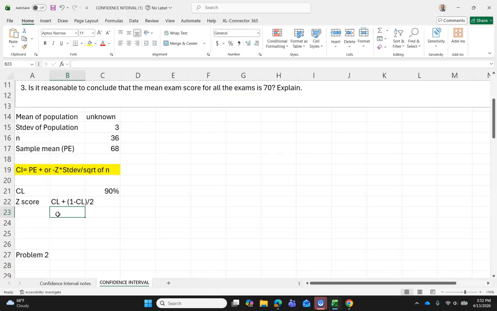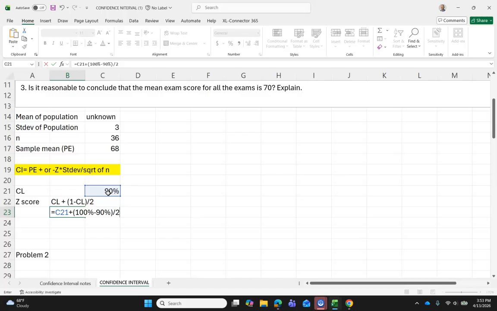So here I'm going to put an equal sign, and confidence level is 90, and 90 plus, in brackets, 100% minus the confidence level which is given, in this case 90%, close the bracket, divide by 2.